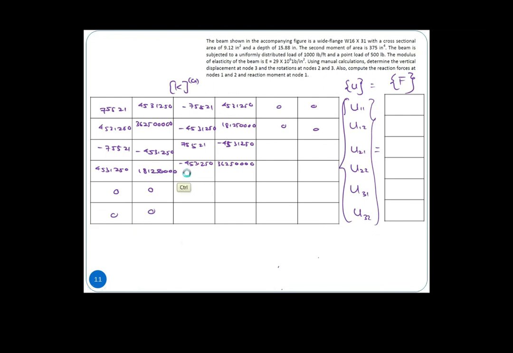We have here 604,167, 604,167, sorry, it's not here, so here 604,167, 1812500, 1812500.